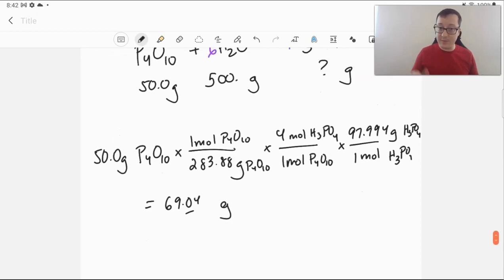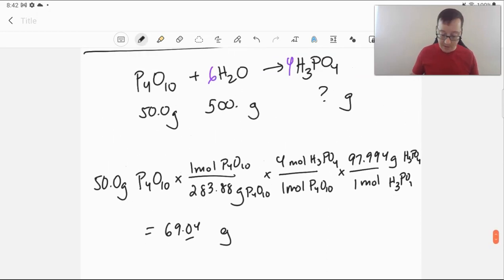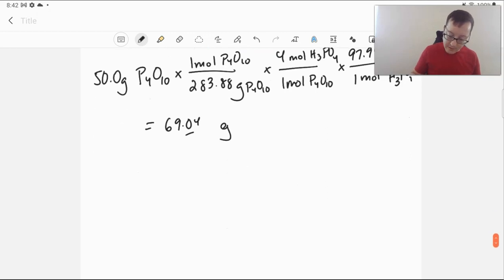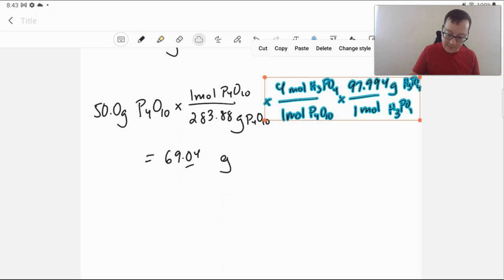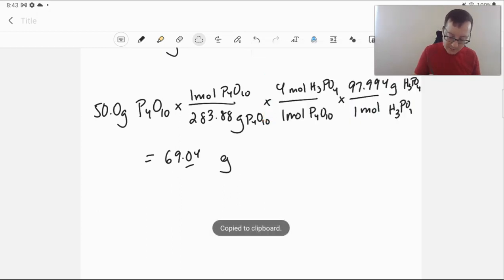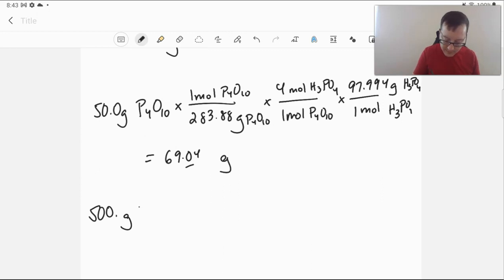All right, we now have to do the same thing with water, using 500 grams instead. So, thankfully for us, all of this is going to be the same at the end, except for that 1 on the bottom, but we'll deal with that. So, we have 500 grams of water, I think with only 3 sig figs again. Our molar mass of water for 1 mole of water is 18.02 grams.